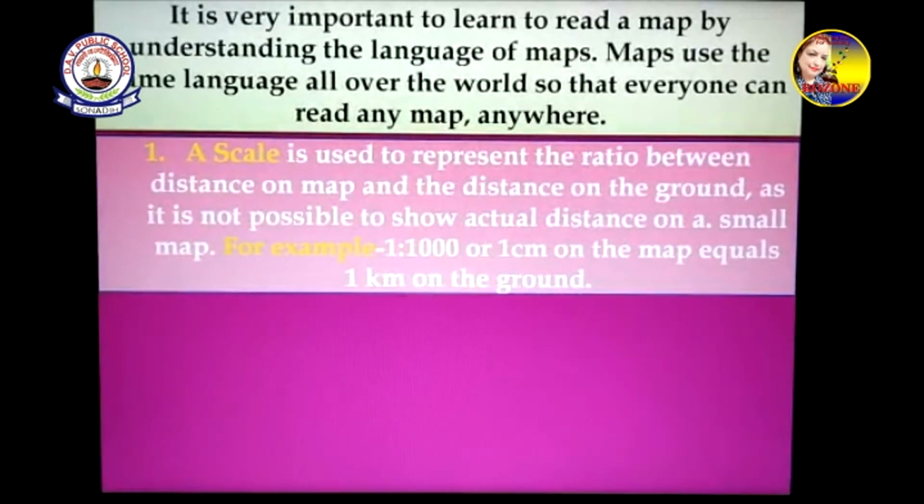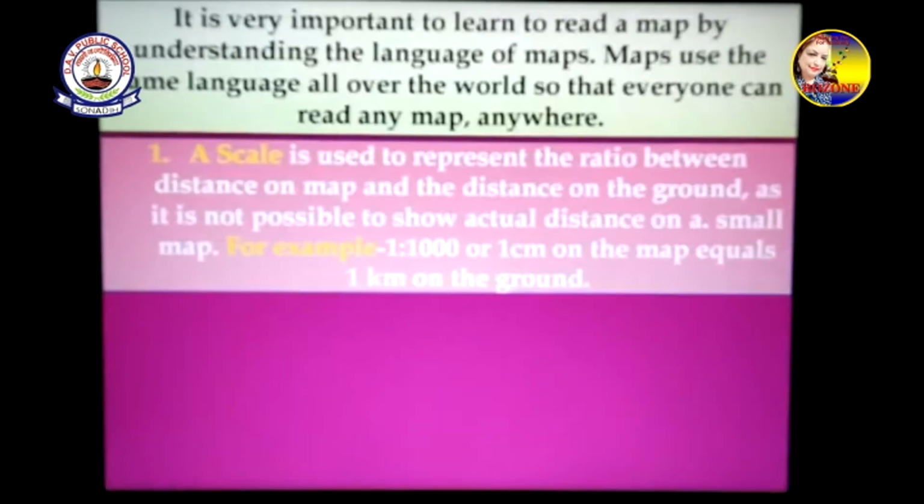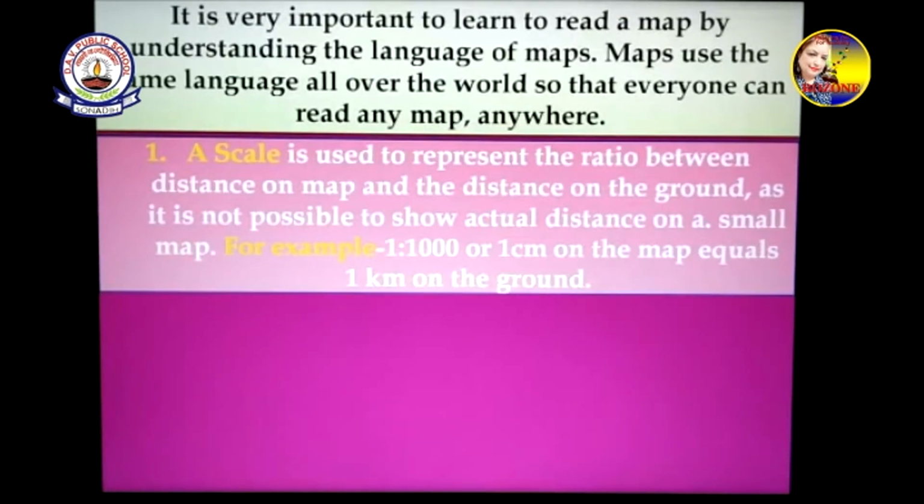The first language of the map is scale. A scale is used to represent the ratio between distance on the map and distance on the ground. The map is very small, but the distance on the ground is very large. So how are you going to show it on the map? If on the ground it is 1 kilometer, on the map it is represented with a smaller scale, as it is not possible to show actual distance on a small map.